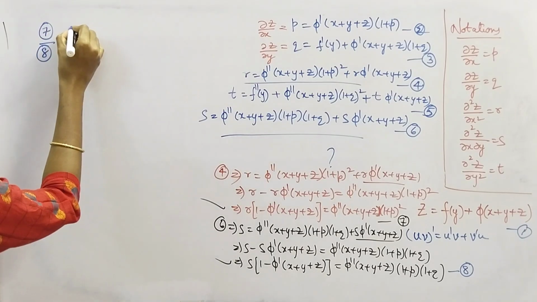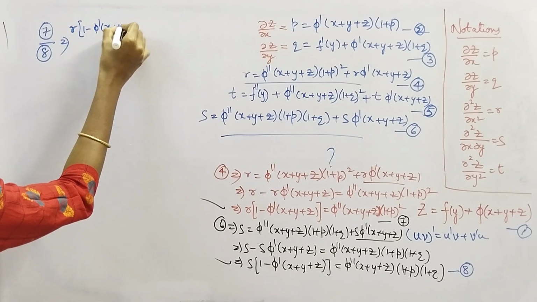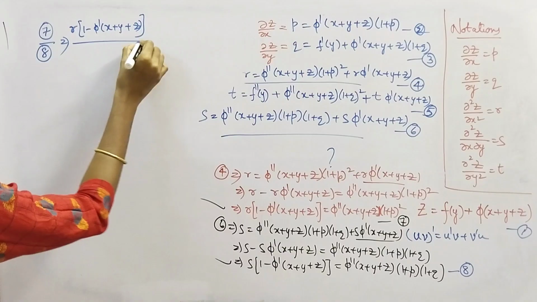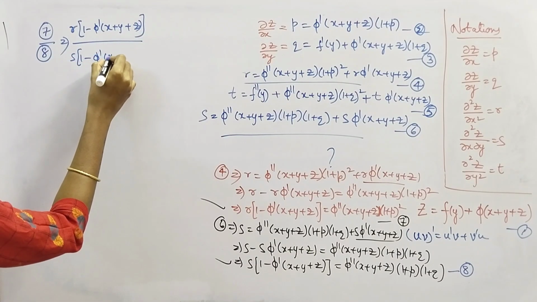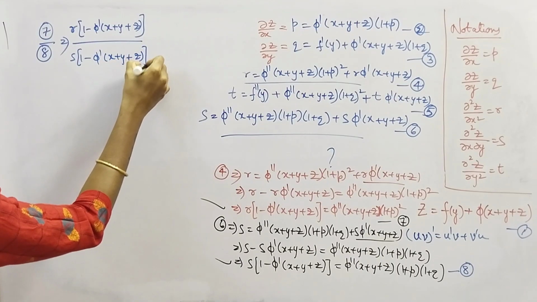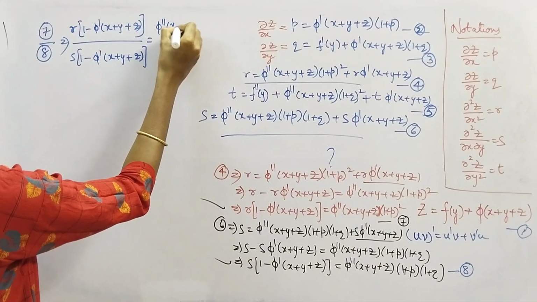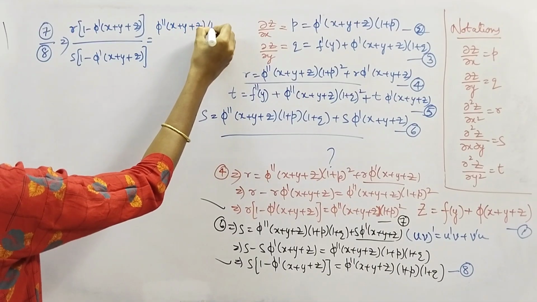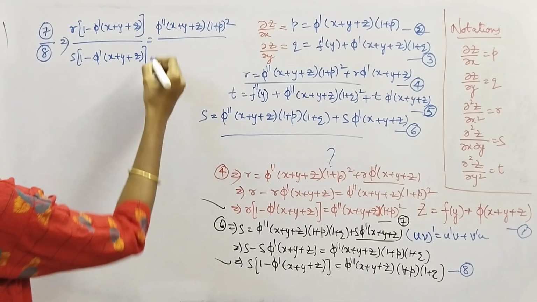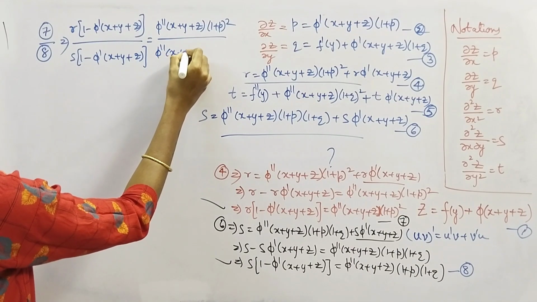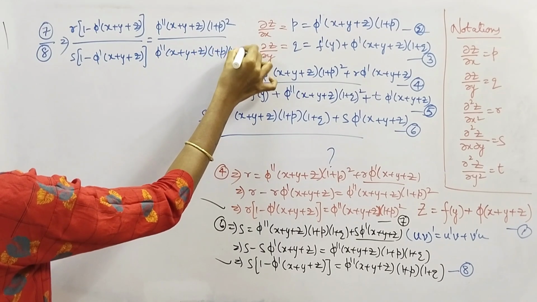Now let's try 7 by 8. LHS of 7 is r times 1 minus phi dash of x plus y plus z by LHS of 8, s times 1 minus phi dash of x plus y plus z, equal to RHS of 7, phi double dash of x plus y plus z into 1 plus p whole square, by RHS of 8, phi double dash of x plus y plus z into 1 plus p into 1 plus q.